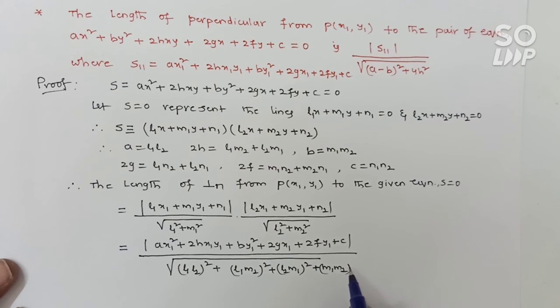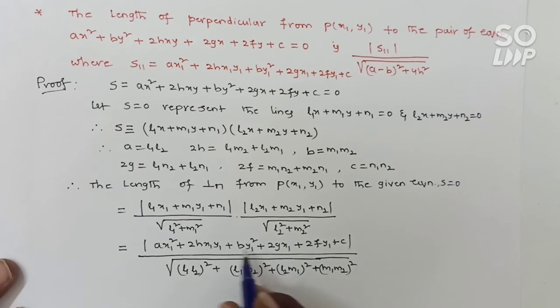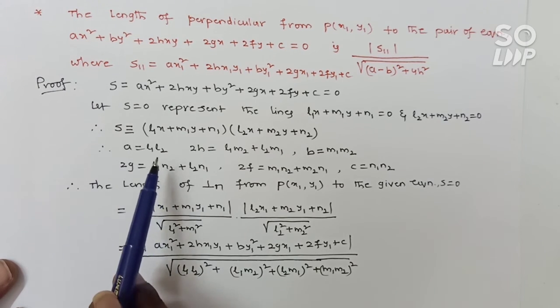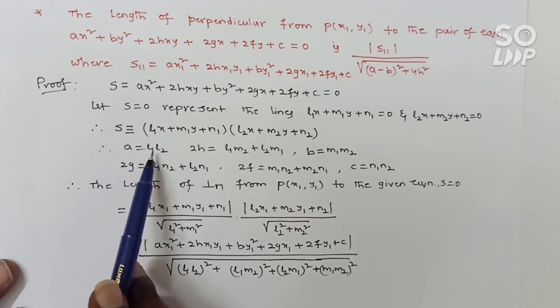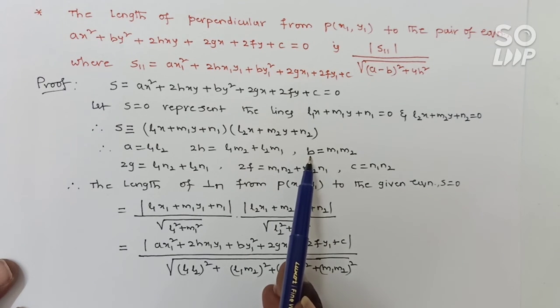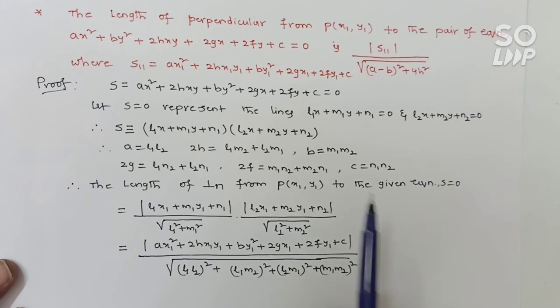So this is the product of these two terms. Now we know that L1 L2 is the coefficient of x square, which is a, and m1 m2 is the coefficient of y square, which is b.